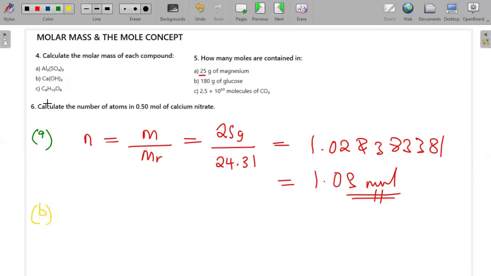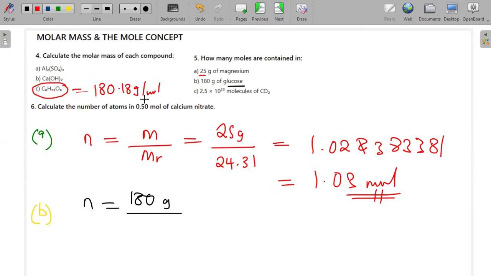Part B is the same thing. Moles is equal to 180 grams over the molar mass of glucose. Now you need to know the formula for glucose, which is what we found earlier. Remember, the molar mass that I found for glucose was 180.18 grams per mole, so that's what I'm going to divide with here.